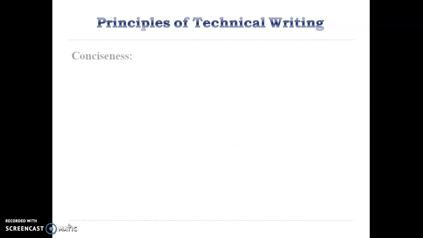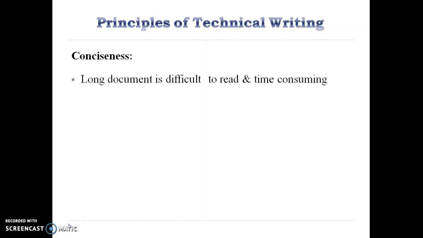Now, the last principle is the principle of conciseness, which means your technical document should be written with minimum words. You know that a long document is difficult to read and time consuming.